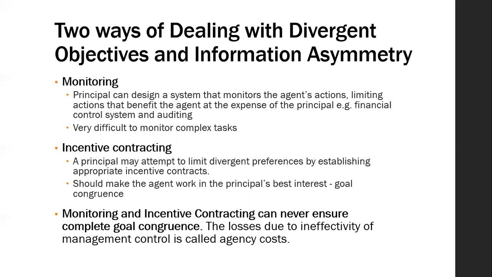Another way is incentive contracting, which is essentially forming an incentive system. The principal may attempt to limit divergent preferences by establishing appropriate incentive contracts that should make the agent work in the principal's best interest, which is what goal congruence is. While both can be done, monitoring and incentive contracting can never ensure complete goal congruence because they are not perfect. So there are still agency costs related to these two.